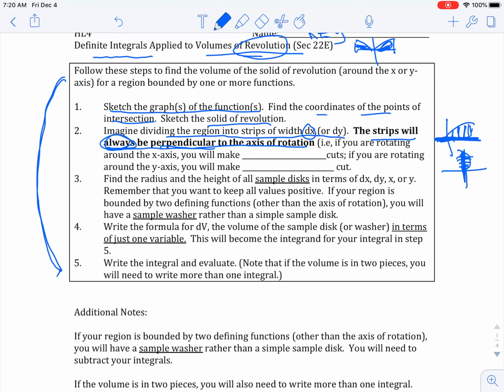So as it says, as you're rotating around the x-axis, you're going to make vertical cuts. And if you're rotating around the y-axis, then you're going to make horizontal cuts.